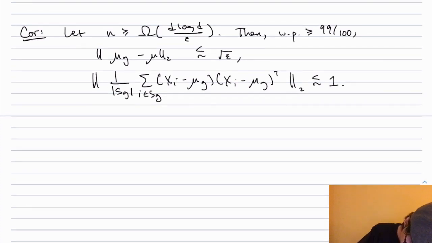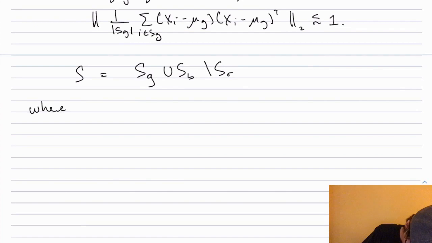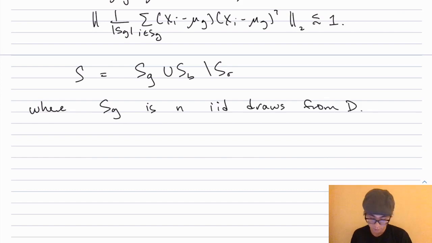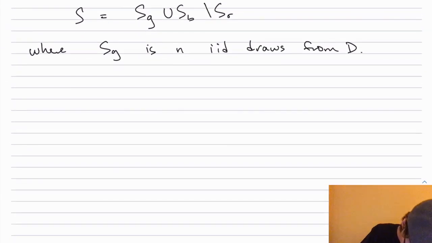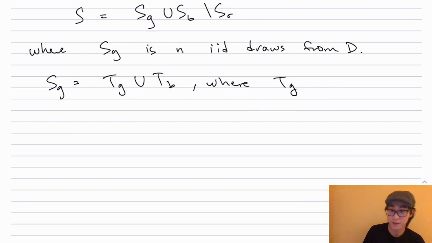In that case, I have a set S, which can be written as S sub good union S sub bad, set minus S sub removed, where S sub good is n IID draws from my distribution D. So then, by this corollary, we know that S sub good can further be written as, let's say, T sub good union T sub bad, where T sub good satisfies these things that are nice.